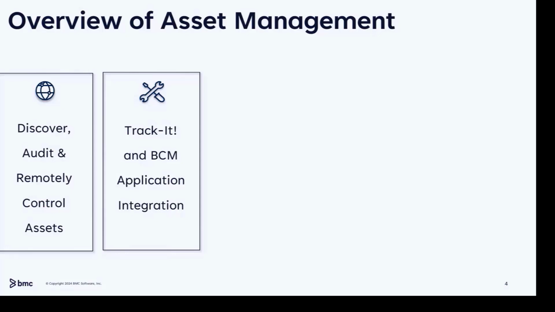BCM will run network discovery, get the list of discovered assets to the BCM database, and then synchronize these assets from BCM to Trackit. This integration also means that both applications will have two separate databases, and hence, when any task is first completed by BMC Client Management, this information will be saved in the BCM database, and then by running asset synchronization, all this imported information gets copied from the BCM database to the Trackit database.